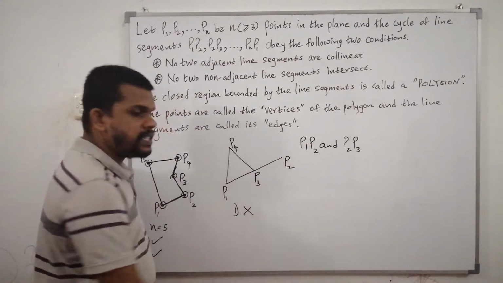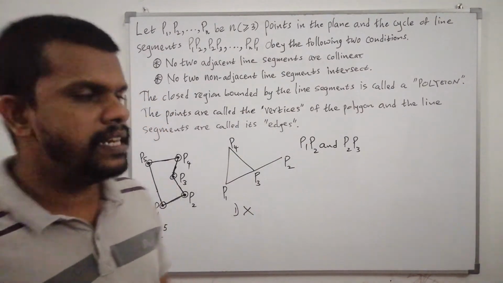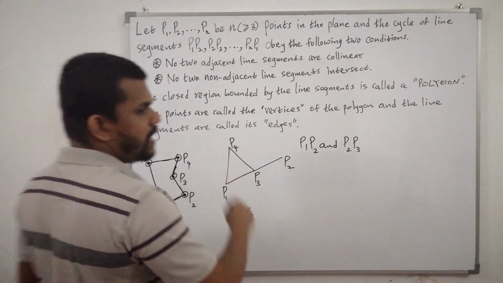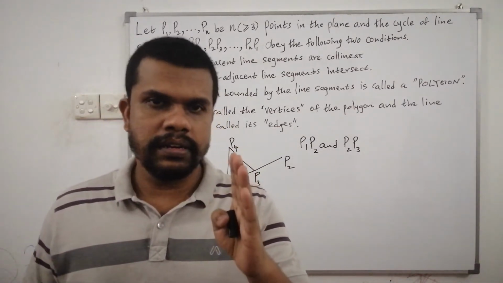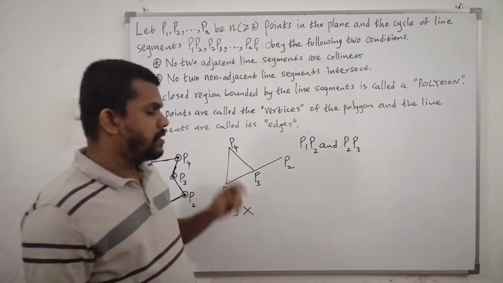Therefore, the first condition is false. Then definitely this cycle of line segments does not bound a polygon.